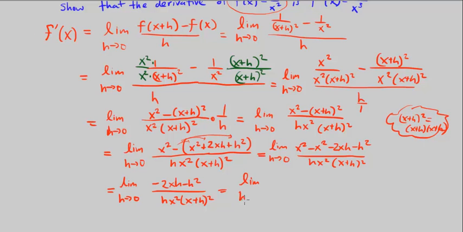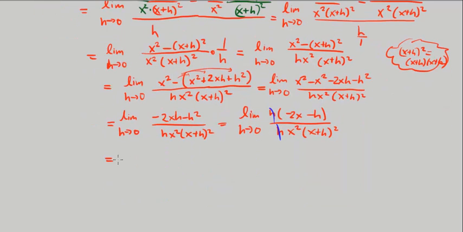That's the limit as h goes to 0. Factor out the h, we get negative 2x minus just h now, divided by h times x squared times x plus h squared. Right? So we factored out that h, now we're able to cancel these h's out. So that's equal to the limit as h approaches 0 of negative 2x minus h over x squared times x plus h squared. Okay?